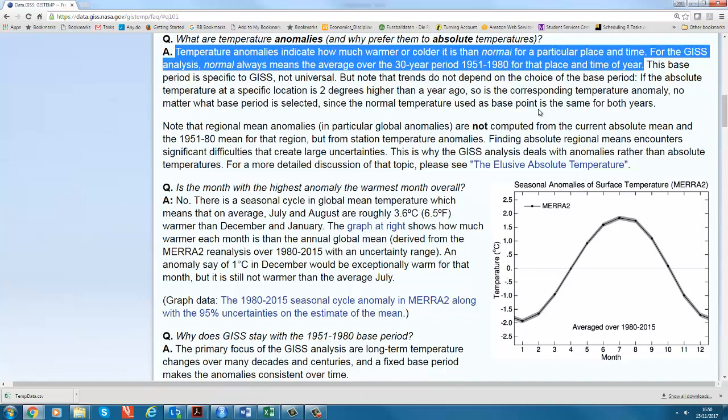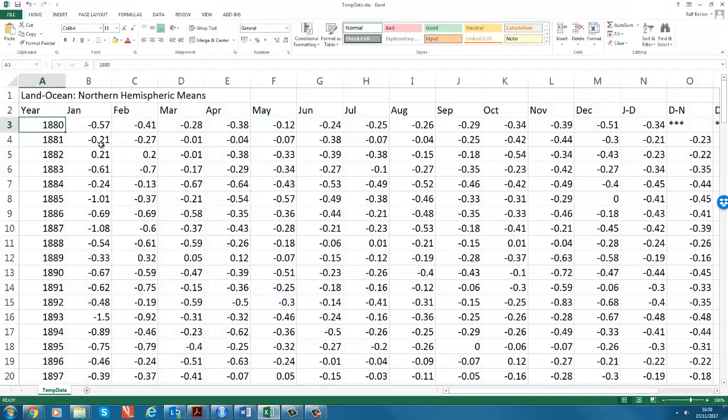It's also important to know, and that's not immediately obvious from this little paragraph, I have to admit, but I just know, that when it says negative 0.57, then the temperature was 0.57 degrees colder in January 1880 as compared to January of the reference period.